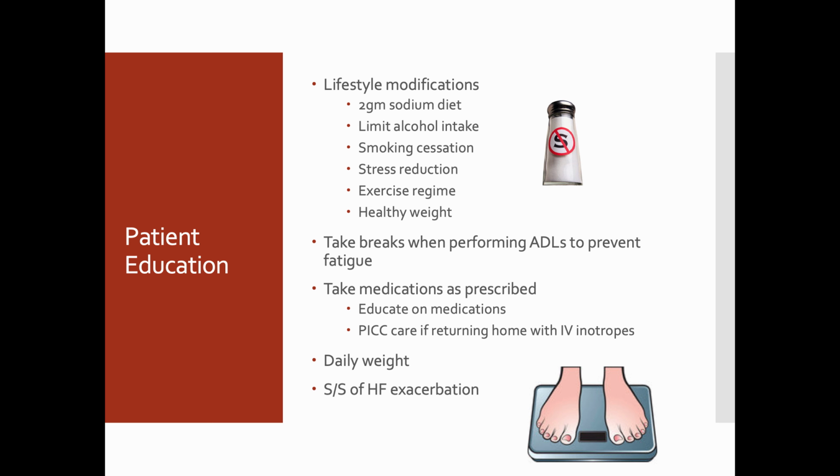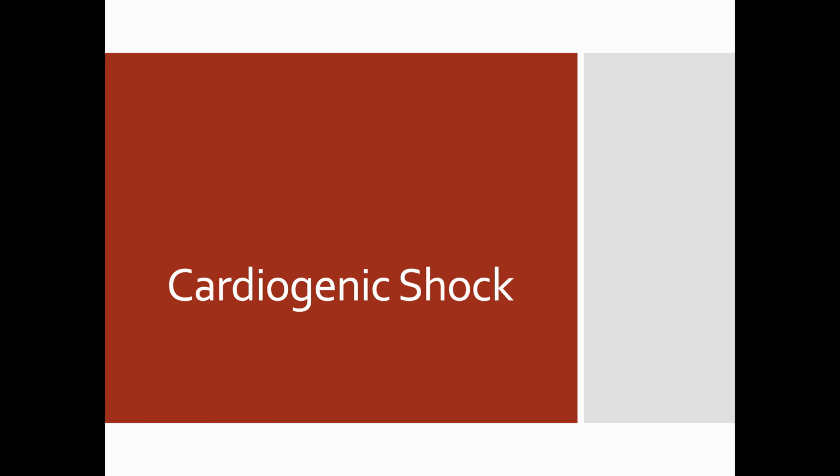And we want the patient to call us, or if they're in the hospital, we will adjust their medicines then. Again, 2 pound weight gain overnight, 5 pound weight gain during the course of a week. Those are the criteria that we use for worrying more about their heart failure.